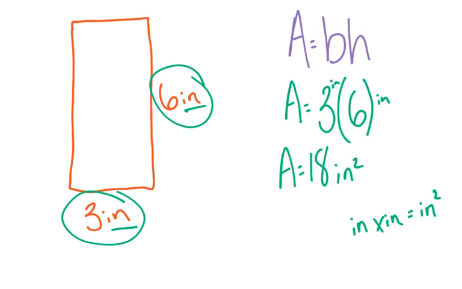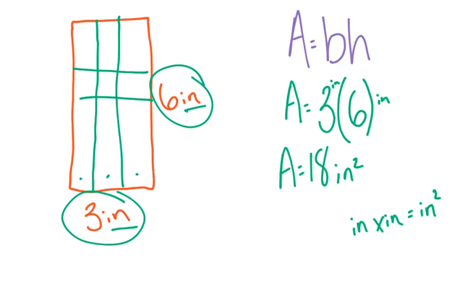This is also called inches squared because what area is actually doing is it's counting the number of squares that can fit inside a shape. If I drew this as an area model, you can see there would be 1, 2, 3, and then we'd cut the height into 6 equal sections. 1, 2, 3, 4, 5, 6.